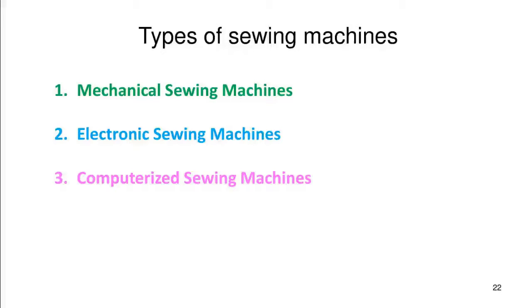Even if I were not to explain any of that, it would be clearly evident that the mechanical sewing machines are all those typical machines that you've seen at home years, decades back, where you had to actually move the hand wheel with the help of either the hand or the pedal, and which could run without electricity.